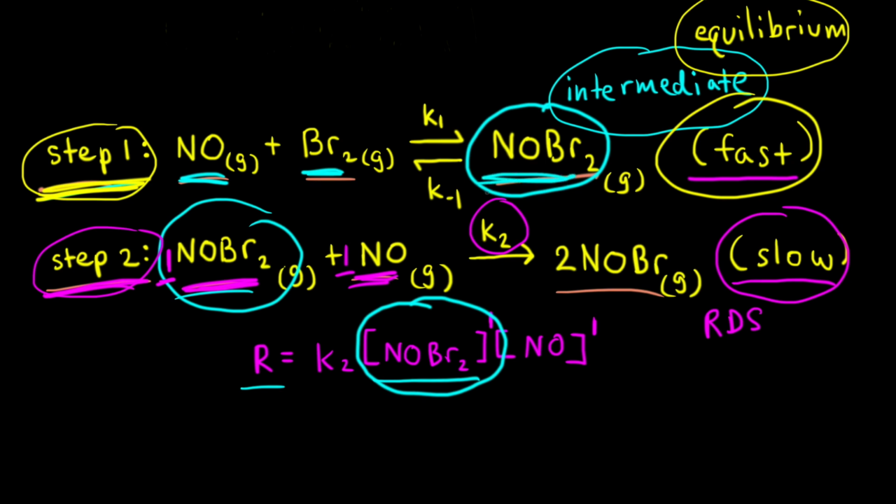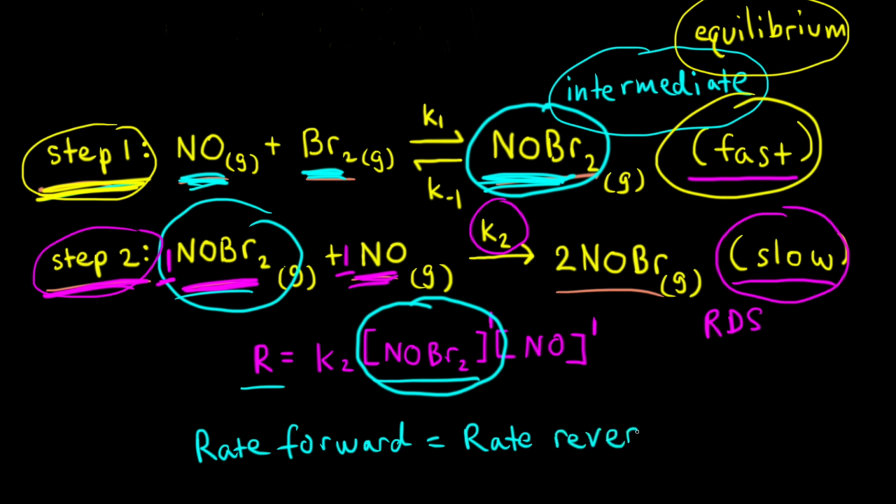And in the reverse reaction, NOBr2 breaks apart to form NO and Br2. So if the rate of the forward reaction is equal to the rate of the reverse reaction at equilibrium, let's go ahead and write the rate laws for the forward and the reverse reaction.